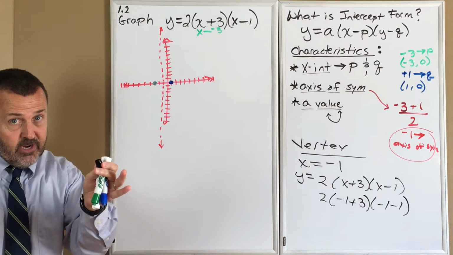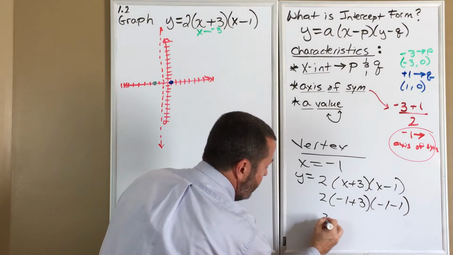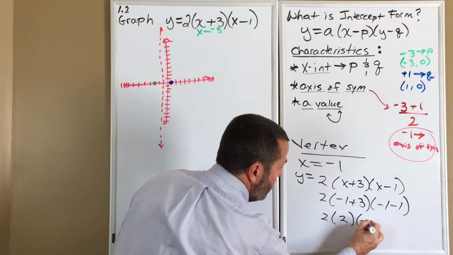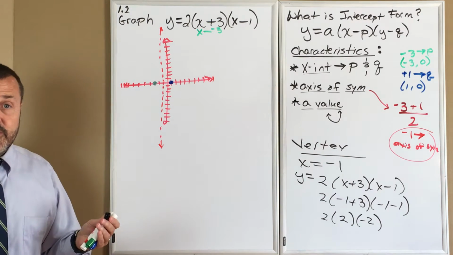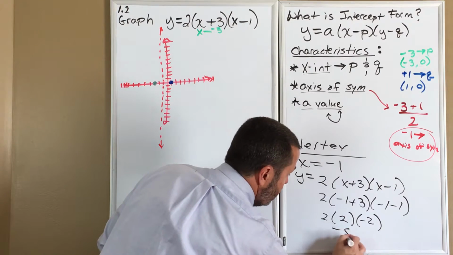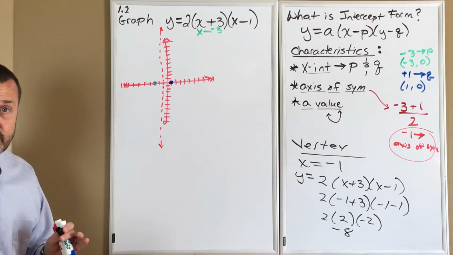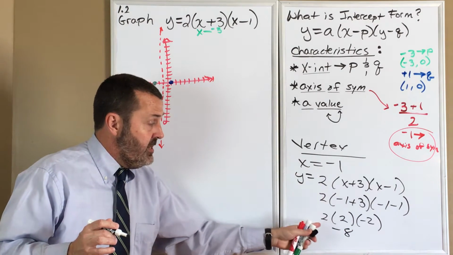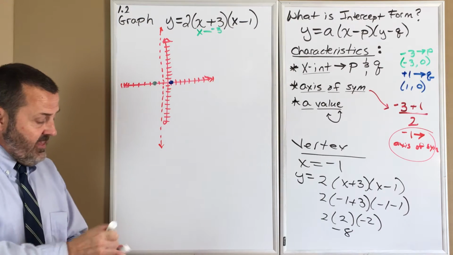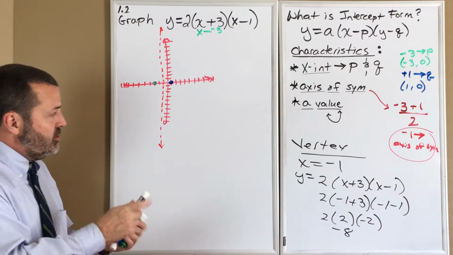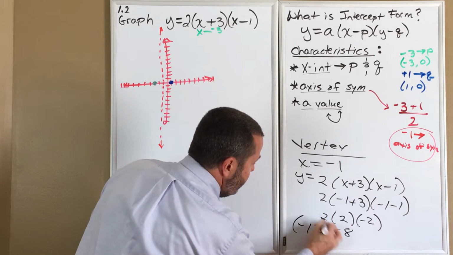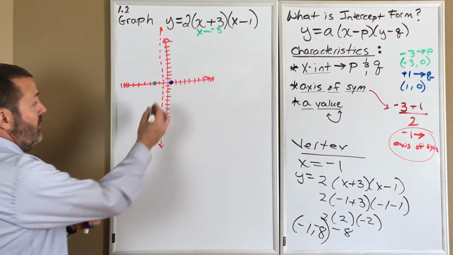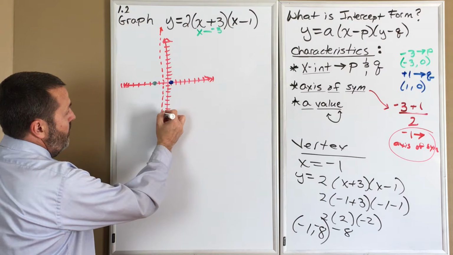Do the math. We're going to use our calculator. 2 times 2 is 4. 4 times negative 2 is negative 8. So our y value is negative 8. If our x is negative 1 and our y is negative 8, then our vertex, and I'll just use black ink, is negative 1, negative 8. Bam.